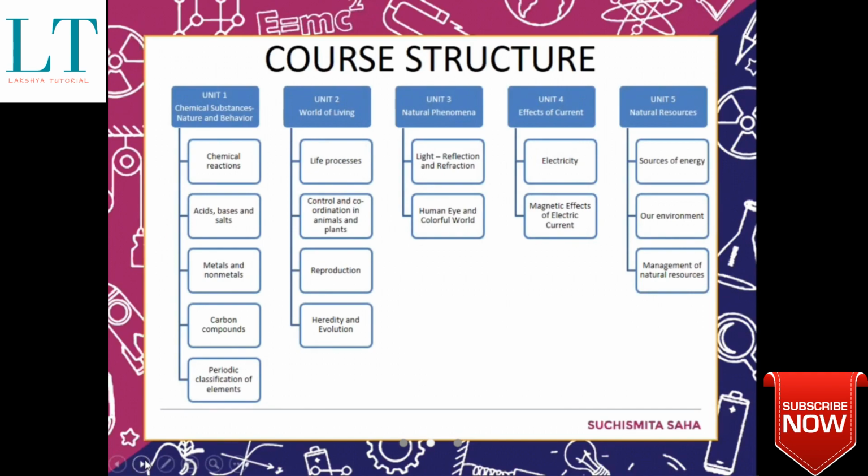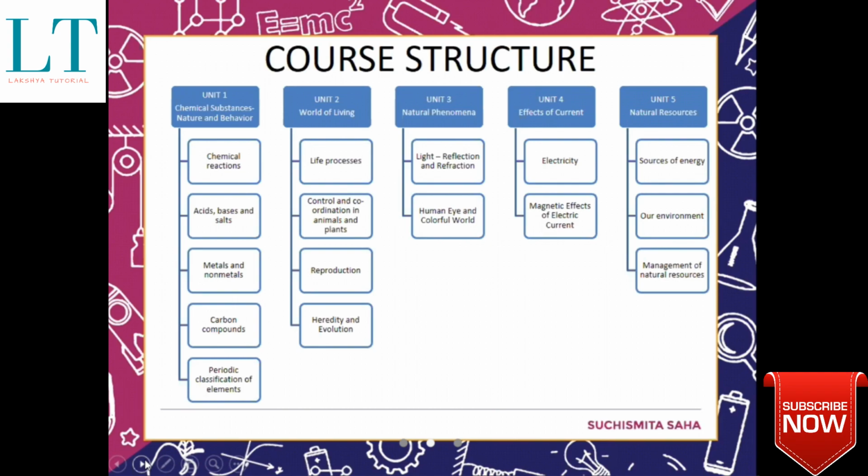Unit 1 is basically the chemistry part, that is chemical substances, nature and their behavior, and the further subtopics are already mentioned on the screen as you all can see. It's chemical reactions, acids, bases and salts, metals and non-metals, carbon compounds and periodic classification of elements. Next we have the world of living, where we have life processes, control and coordination in animals and plants, reproduction, heredity and evolution.